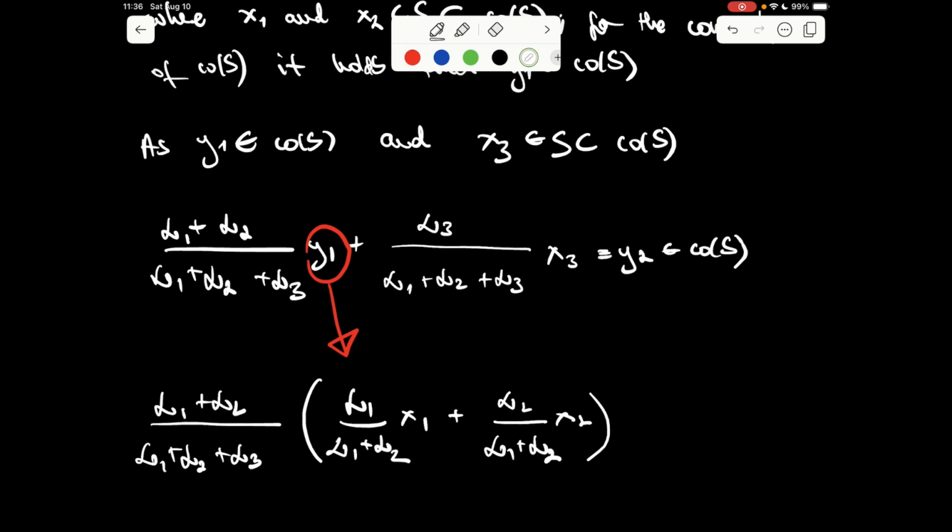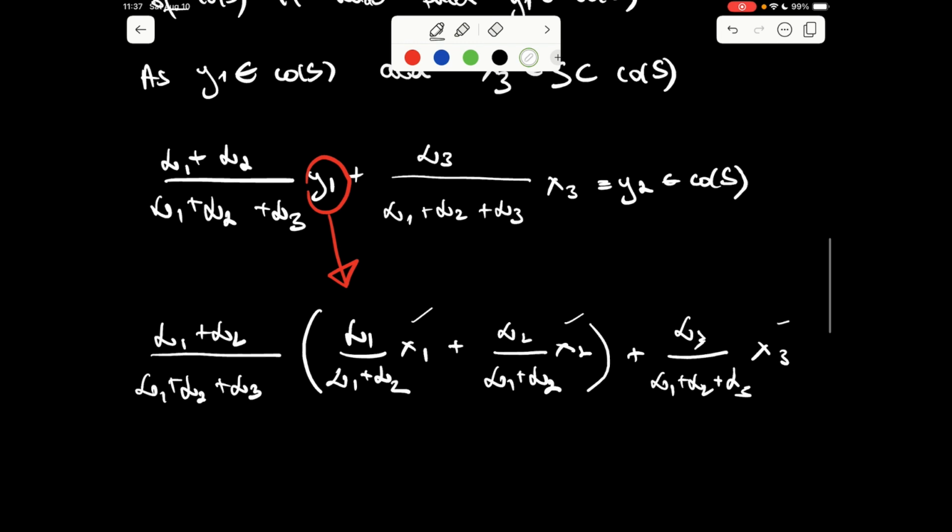This convex combination comes from the previous step, alpha 1, 2, 3, x1, x2, x3.